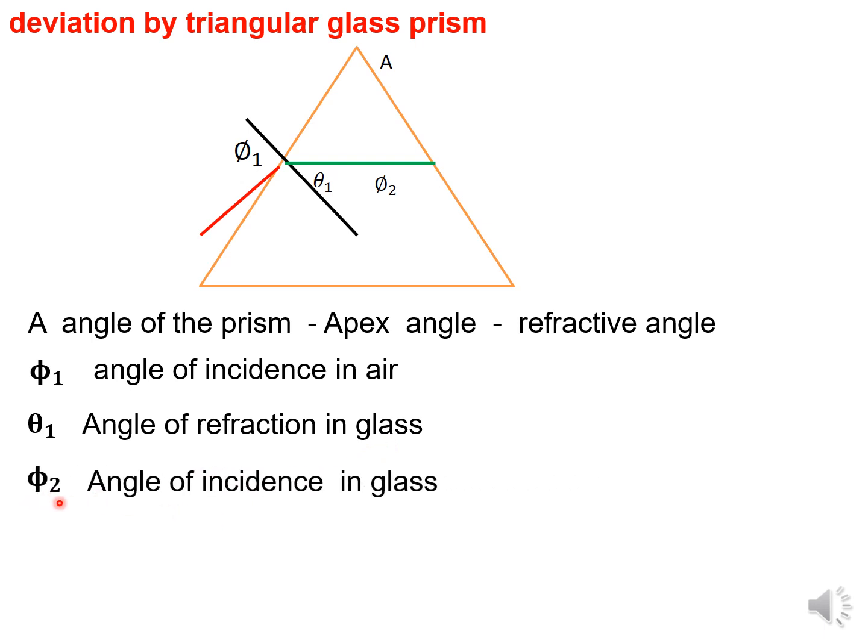Phi 2 is the angle of incidence in glass, between the normal and the refracted ray. This ray will be refracted and emerge into the air.